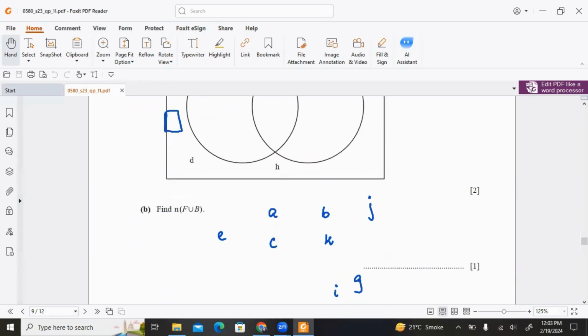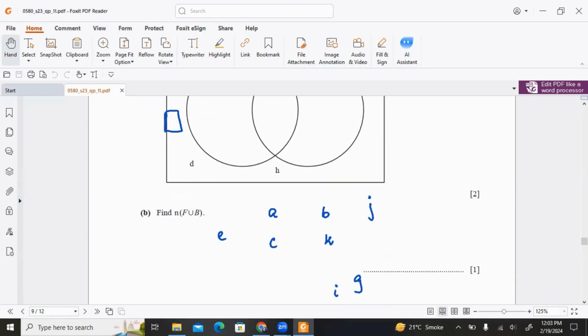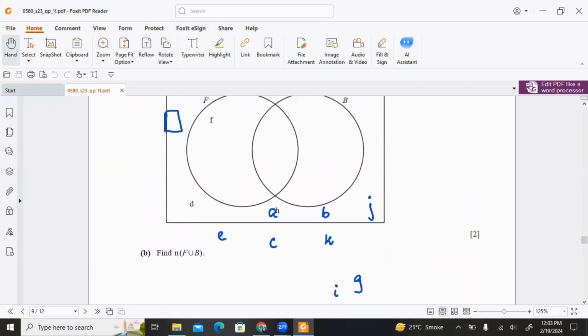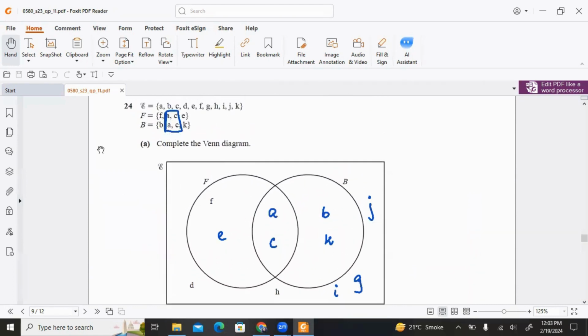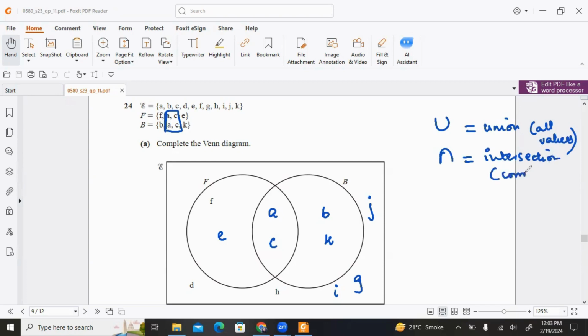Then the next part is asking us to find the number of F union B. When we have this sign, that means union, which means all values. And when we have this sign, that means intersection, which means the common values, which were shown in the middle part.